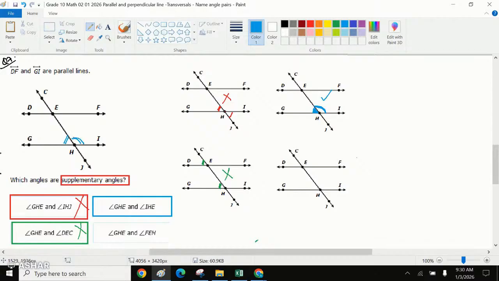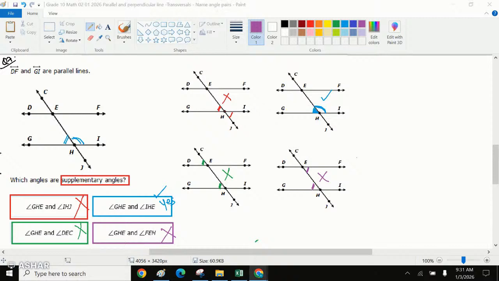Looking at the fourth option, we can write a yes over here, this is supplementary. And the last one would be GHE goes with FEH. They're not supplementary. So the correct option is GHE and IHE, right?